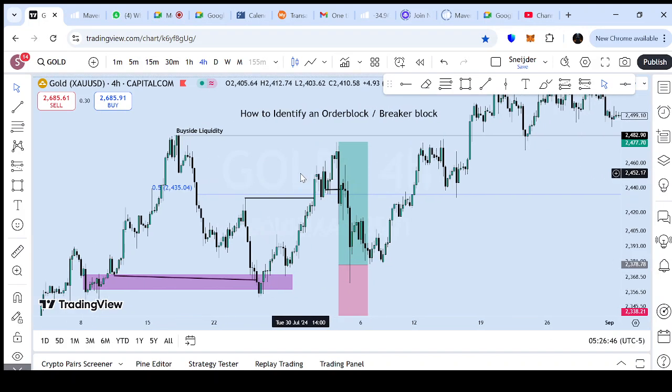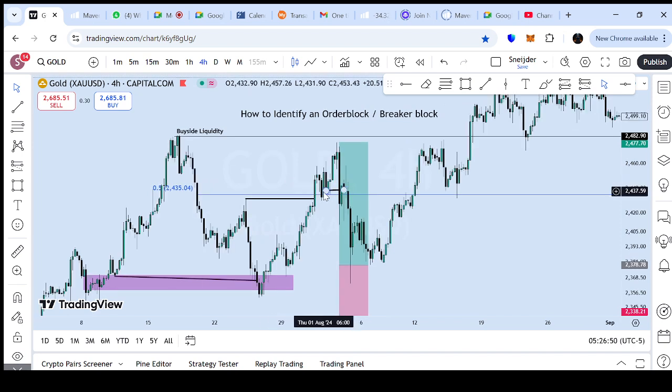How can I identify a displacement? Okay, good. After a run up to a buy side liquidity or to any inefficiency, taking the buy side liquidity, look at the last bearish close candle before price went up there to take the buy side liquidity and deliver inside an inefficiency or any PD array resting above, which here is a breaker.